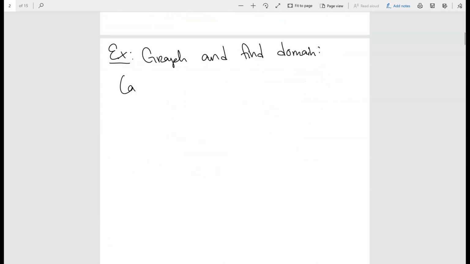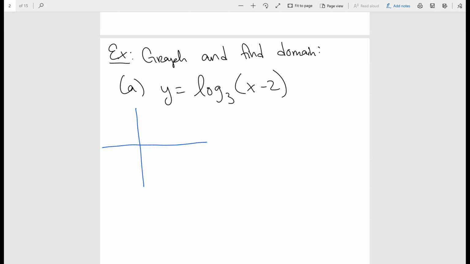Let's start off with y is equal to log base 3 of x minus 2. What would that look like? We first start off by graphing the general log function. Remember, it has a vertical asymptote and an x-intercept.